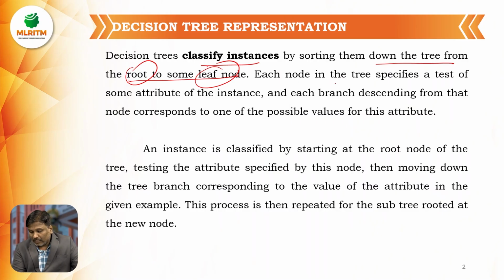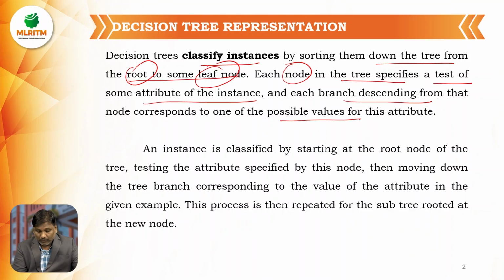Yes, each node in the tree specifies a test of some attribute of the instance. What about the branch? Each branch descending from that node corresponds to one of the possible values for that attribute.